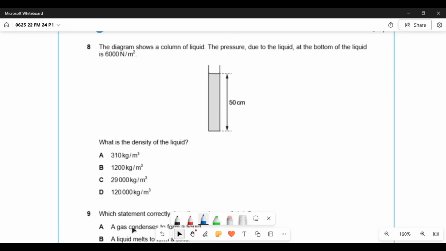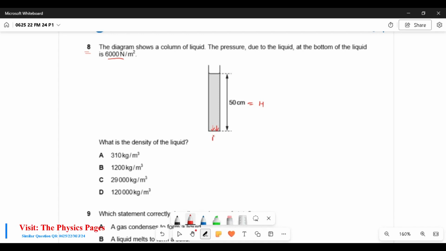Number 8. The diagram shows a column of a liquid that is having a height of 50 centimeter. The pressure due to the liquid at the bottom of the liquid is 6,000 pascals or Newton per meter squared. So you can see this is the pressure point at the bottom.